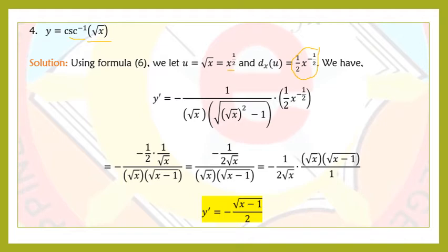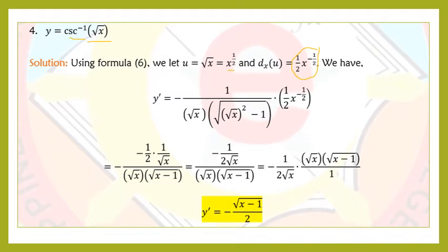So, using the formula 6, ang derivative ni inverse cosecant u rather, kasi variable yung ginamit sa formula, is negative 1 over u times the square root of u squared minus 1.